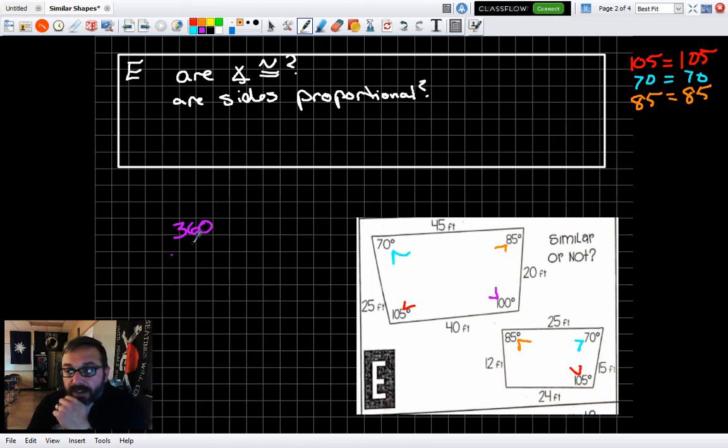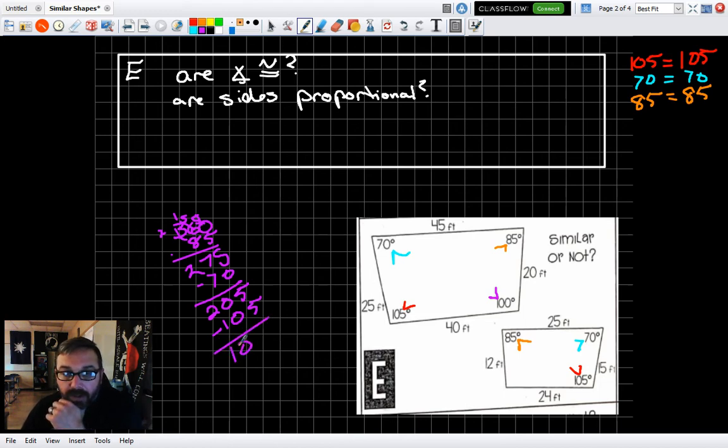So minus 85, oops, 105, so that'd be 275, and now I got to subtract my 70, 205, and now I got to subtract 105, 100. So I have 100 degrees left. Oh, look, it works out. So I have 100 degrees in the big one, 100 degrees in the little one. My angles are congruent.